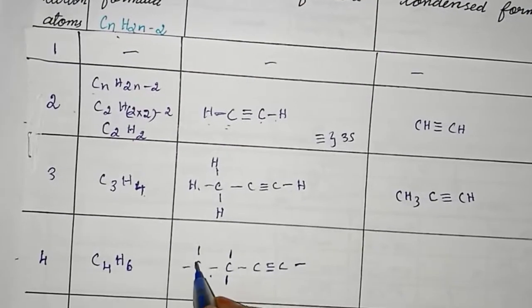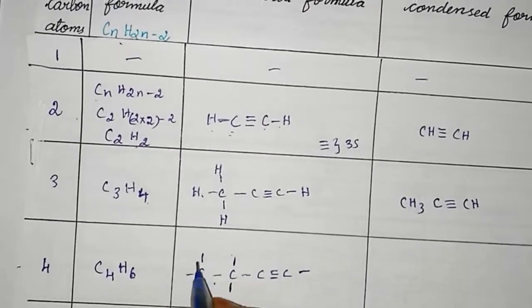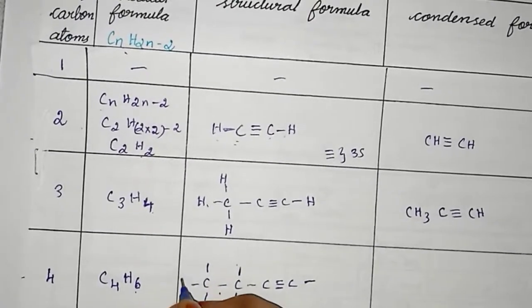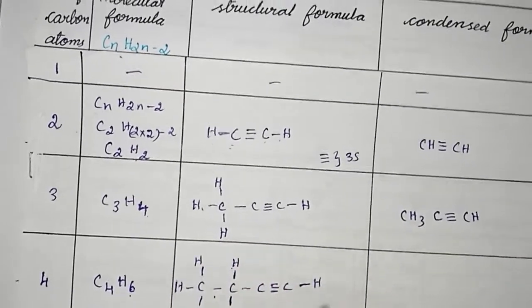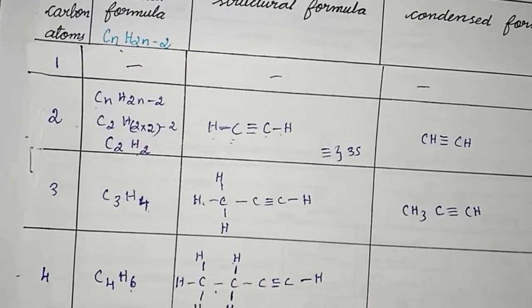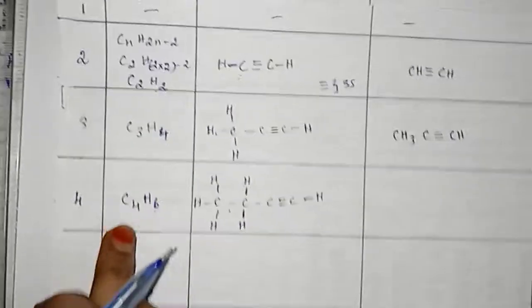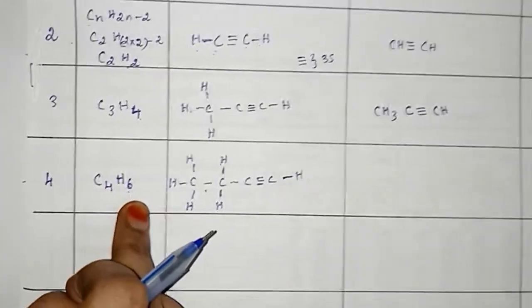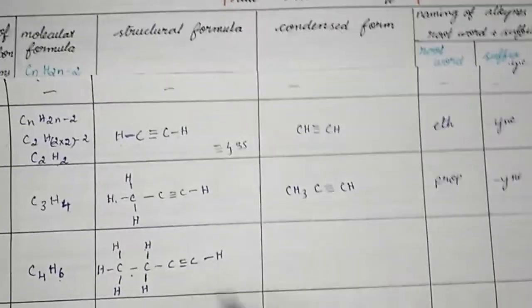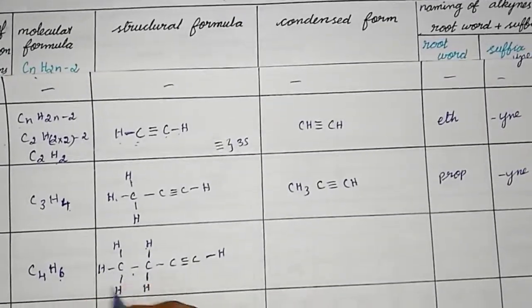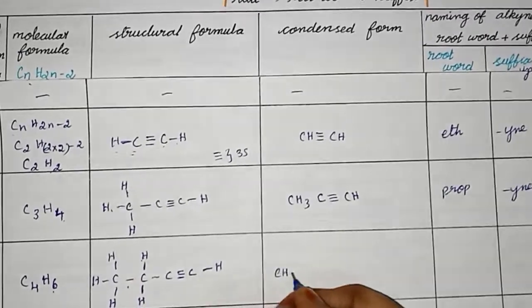So this is the place for hydrogen. How many hydrogens are there? 6: 1, 2, 3, 4, 5 and 6. So this is the structure for C4H6. Okay, so now we convert the structure into condensed form. How can we write? First carbon, 3 hydrogens, CH3.